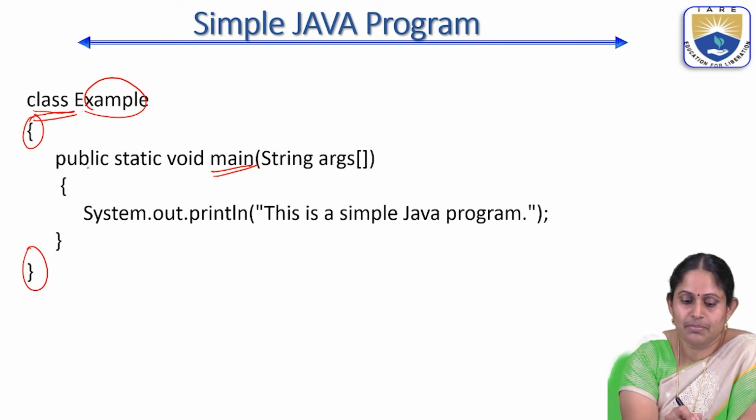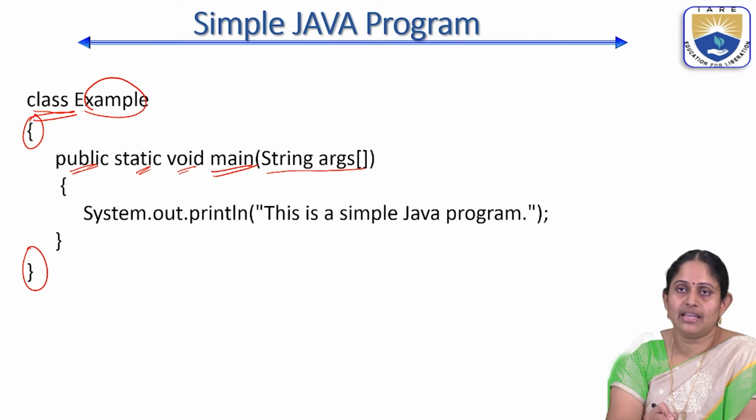The main method is compulsory for any Java program. The main method is always public static void main, and you have an array to read from the command line.